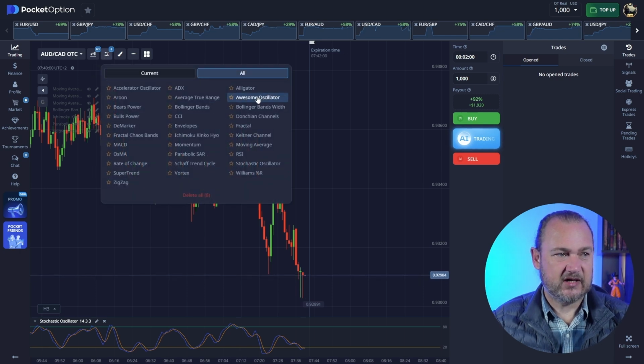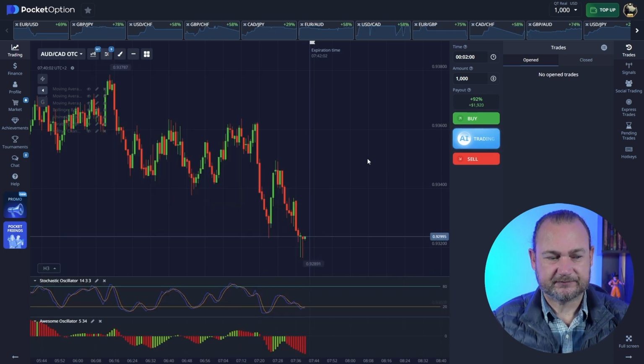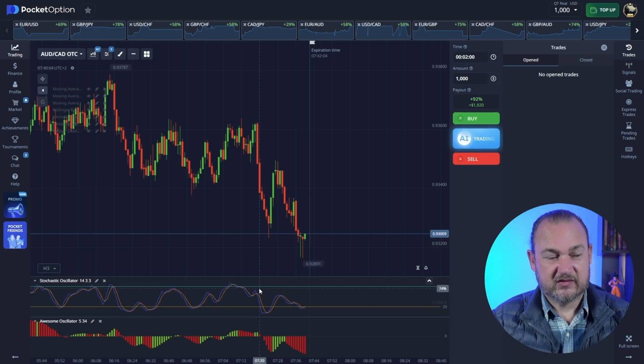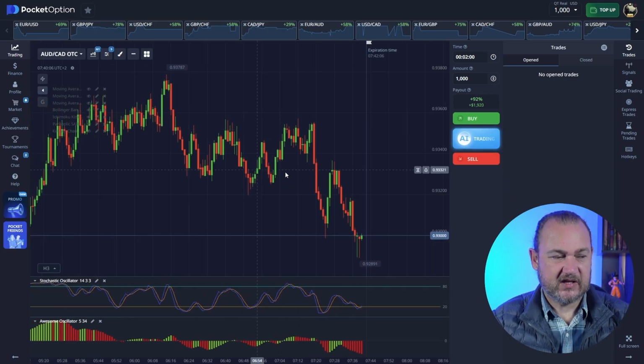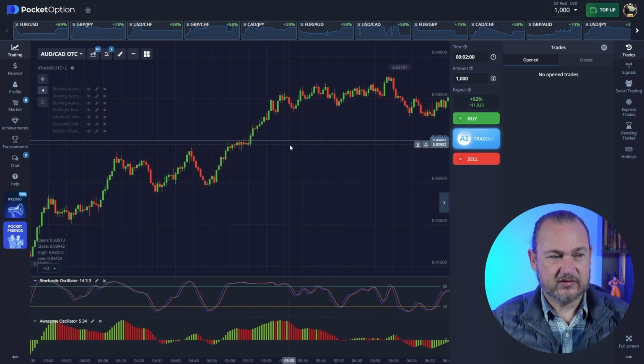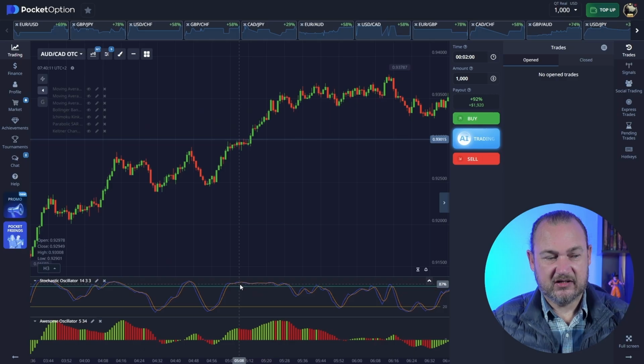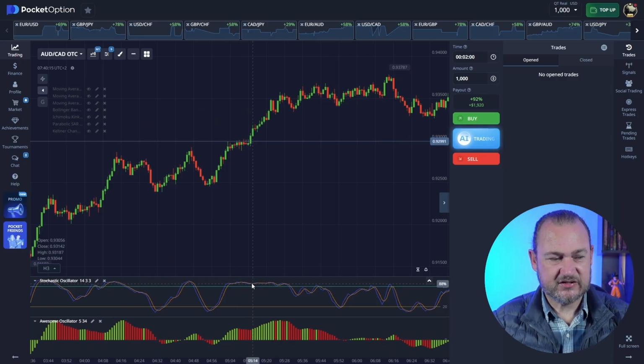Next indicator we're going to add is the Awesome Oscillator. So we've got these two indicators. What we're going to look for is areas where the stochastic is running in either the overbought or oversold area. And then we're going to look for areas where the oscillator is coming down and then increasing again.